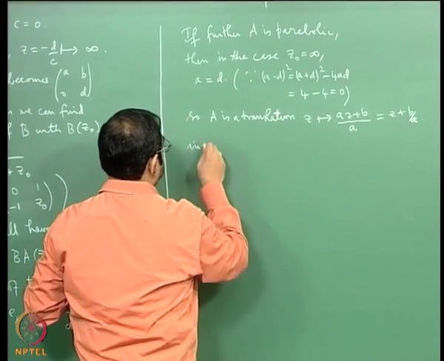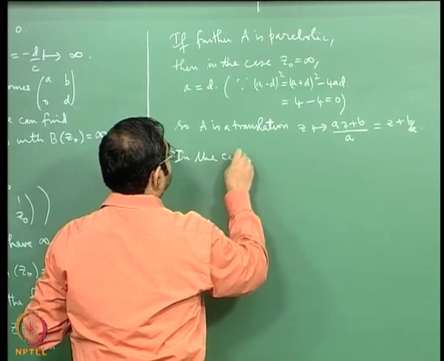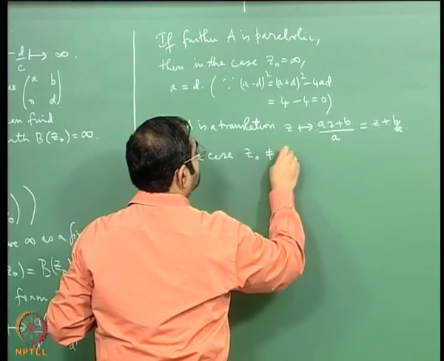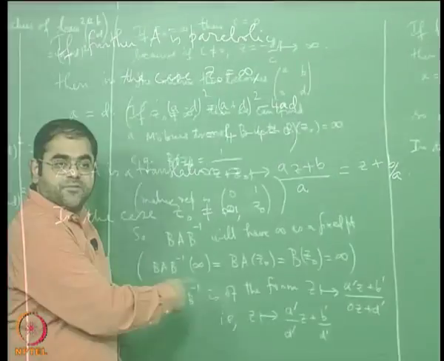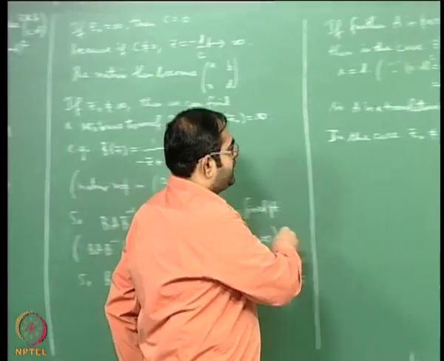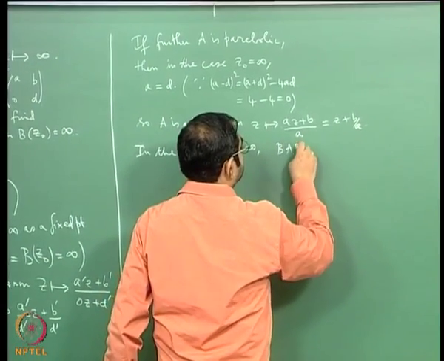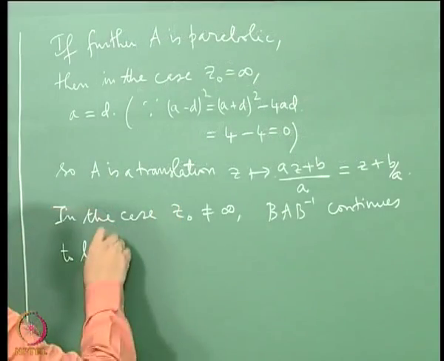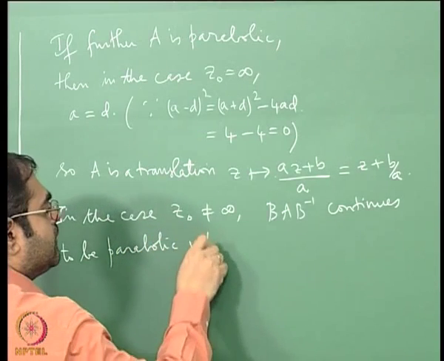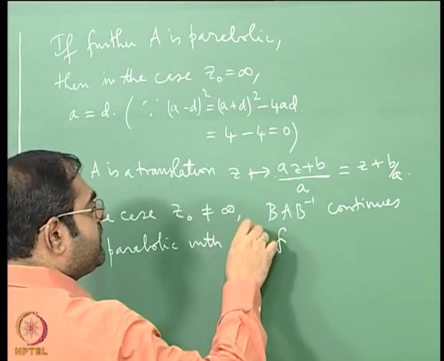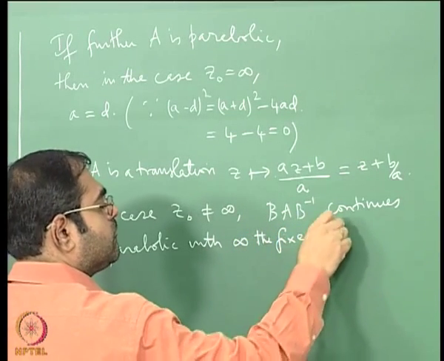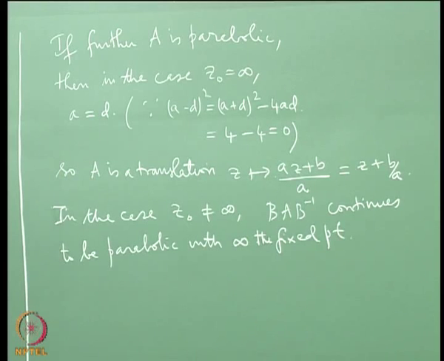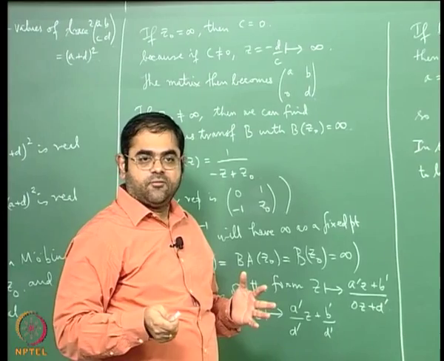If in the case when Z0 is not equal to infinity, then you choose B like this, so that B A B inverse continues to be parabolic with infinity a fixed point, because the property of a Moebius transformation being parabolic or elliptic or loxodromic or hyperbolic is not going to change when you conjugate it.